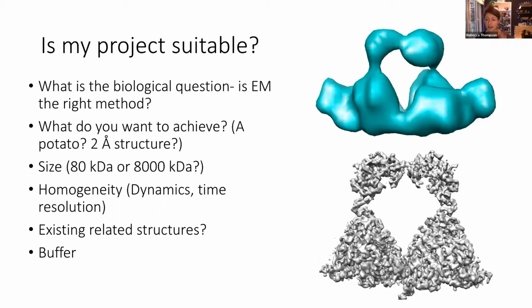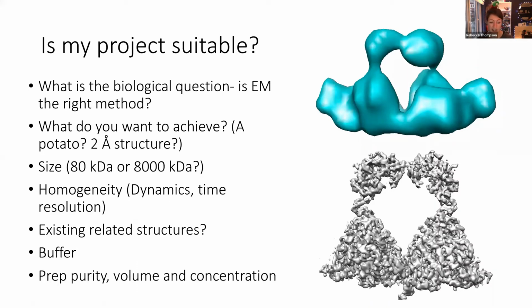All of those things can either affect the formation of vitreous ice, which we'll talk about later, or the contrast, basically the ability to see your particles with a good signal to noise ratio. There are lots of really good reviews out there on sample preparation that I can point people towards at the end if anybody is interested in the specifics around that.